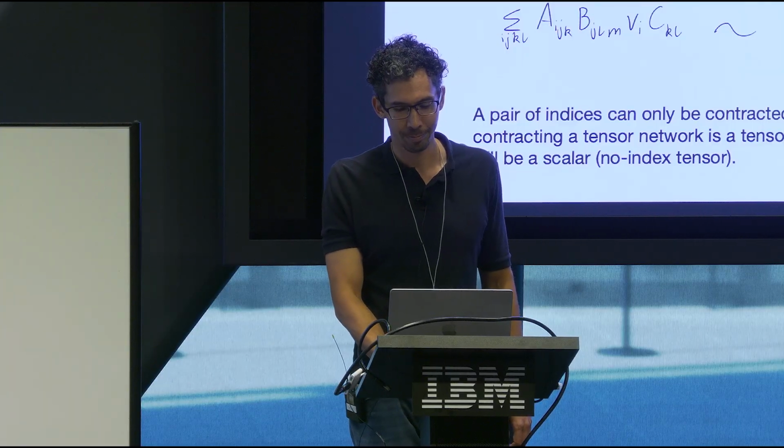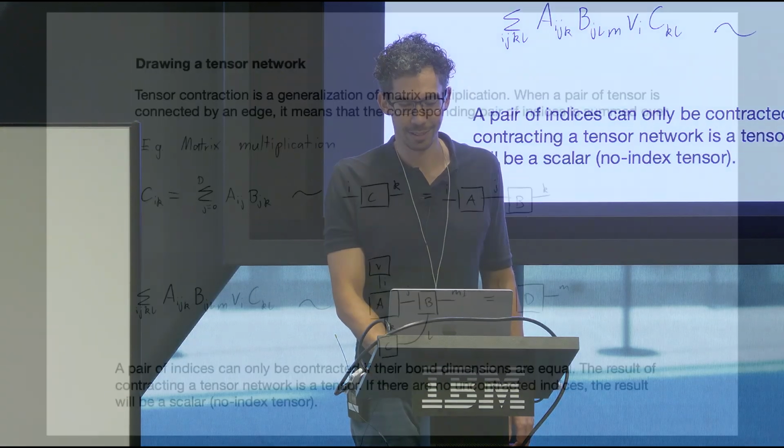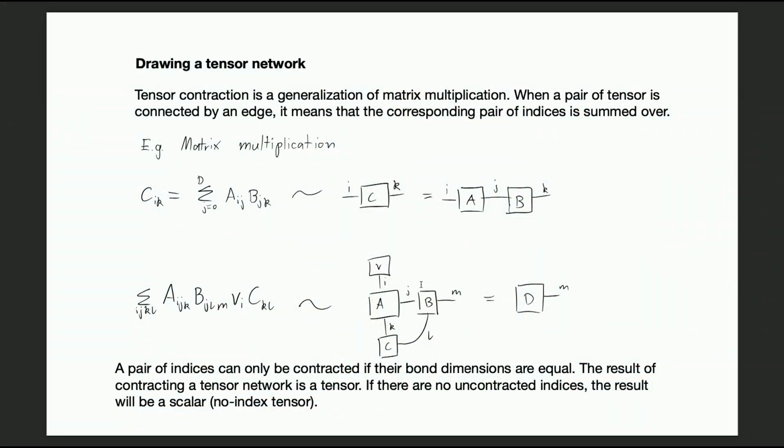So the number of indices on your resulting tensor is just the number of uncontracted indices in the tensor network. In this particular example I've drawn here, there's one uncontracted index.